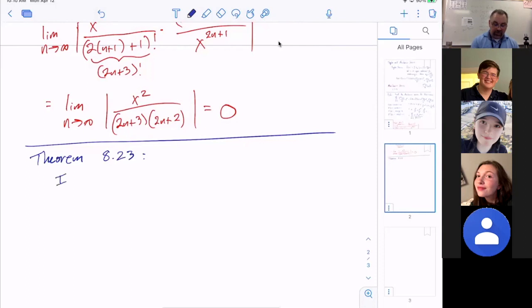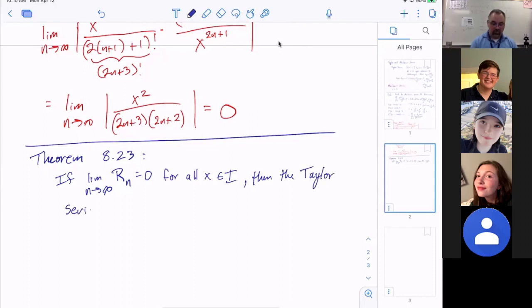And it says this: if the limit as n goes to infinity, so as the number of terms in the series increases, of R sub n is 0, then in the interval, the Taylor series converges and is equal to f of x.